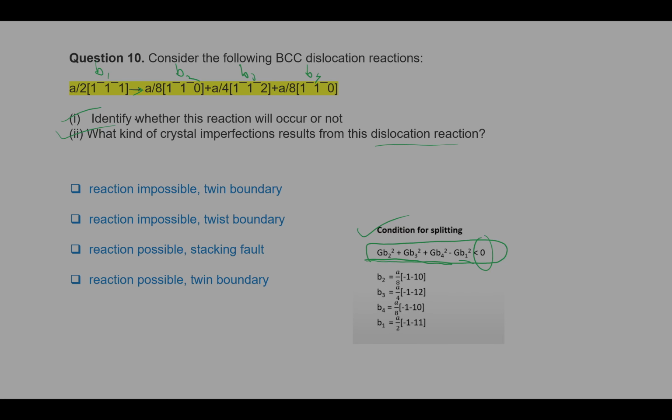After calculating, keep the values: A by 8 root 2 square, plus A by 4 root 6 square, plus A by 8 root 2 square, minus A by 2 root 3 square.